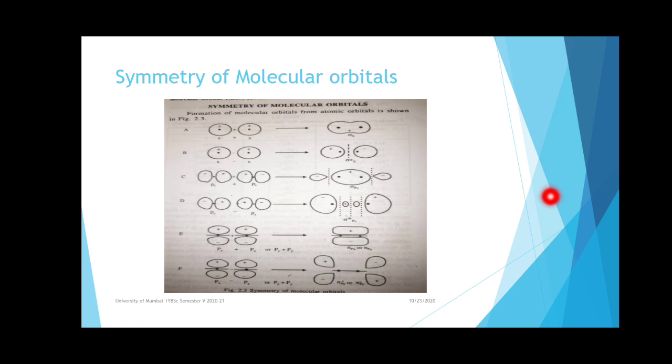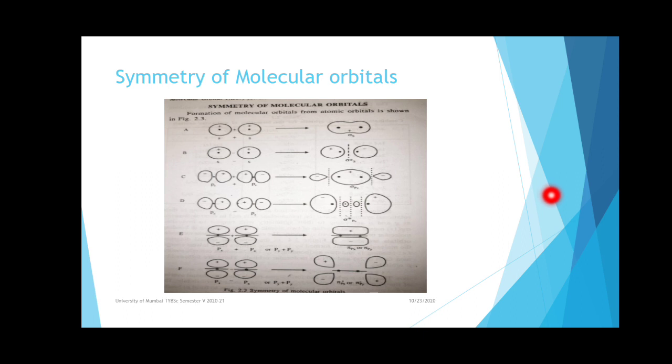So we have s orbital, p orbital, d orbital, and therefore to understand the formation of molecular orbital, what is required? Yesterday we saw three important features which are required. Among the three, one is the symmetry of molecular orbital. That means only those atomic orbitals will combine when they have the same energy and same symmetry.